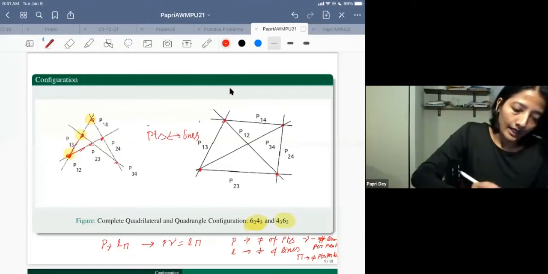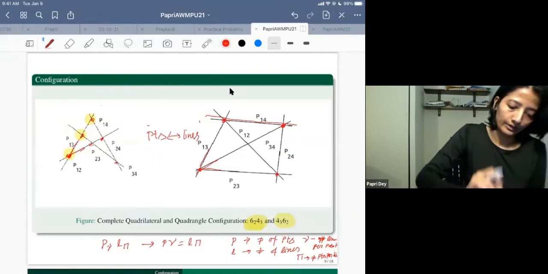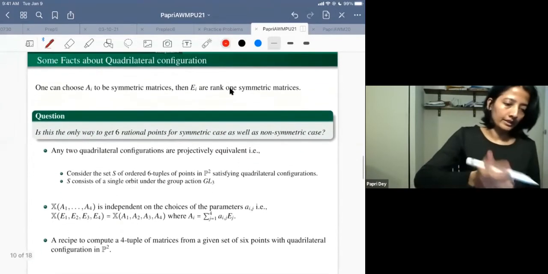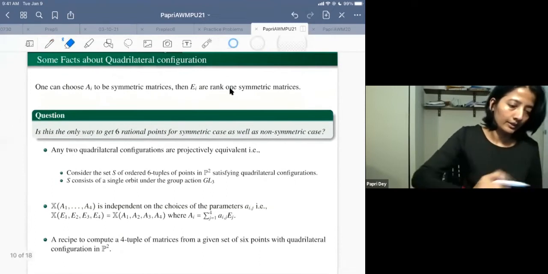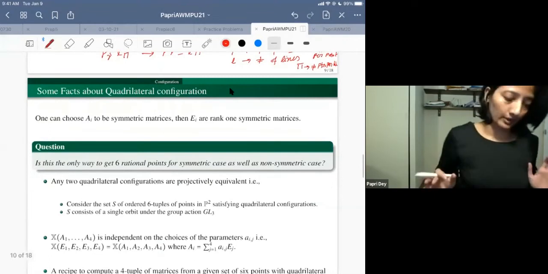Okay, and we see that per point, you have 3 lines intersecting, and per line, we have 2 points. If you look at P1,4, you have 2 points. So this is a nice configuration, which already exists in the literature, and we have used this fact to study our degeneracy locus.